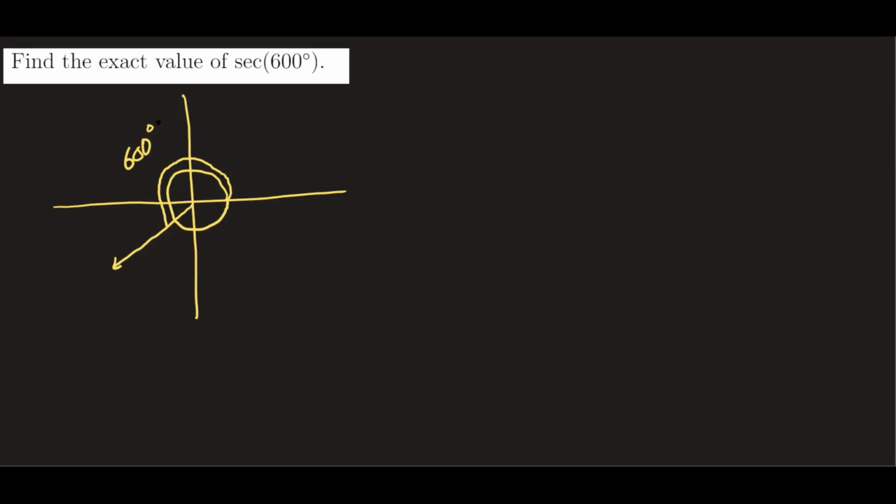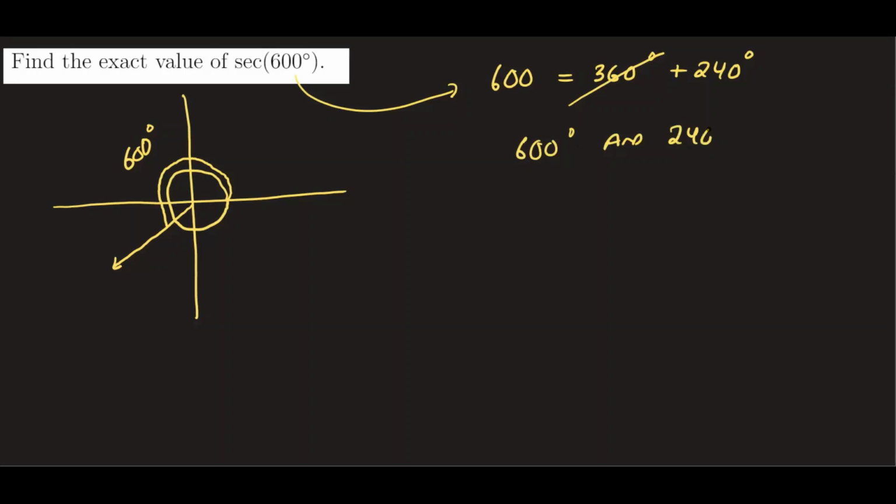Now, how else can we do this? Well, we can do this by rewriting 600 as a cycle of 360 plus 240. So there you go. Every time you have 360, that's equivalent to 0. So 600 and 240 are coterminal. So now we're ready to use the coterminal angle to find its reference angle and then draw our right triangle.